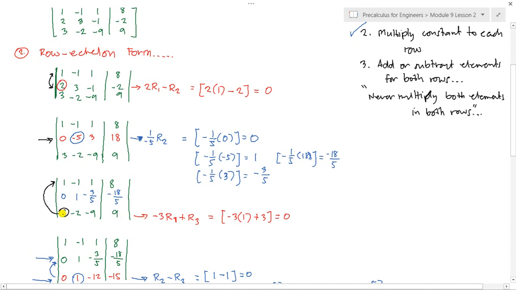Since 3 na ni siya, maybe I can multiply row 1 by negative 3 and then i-add nato sa row 3. Or, daghay pa maagi ani. Maybe, mag-multiply kog 3 sa row 1, i-minus pod nako sa row 3. Same ra pod, ma-0 ra. Bisag unsa, daghan mo kay pamaagi ani.